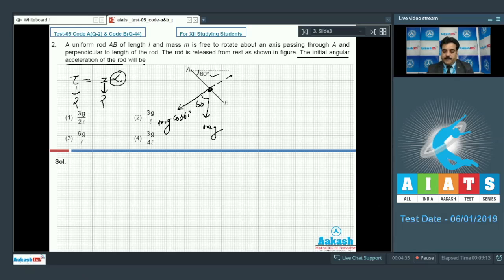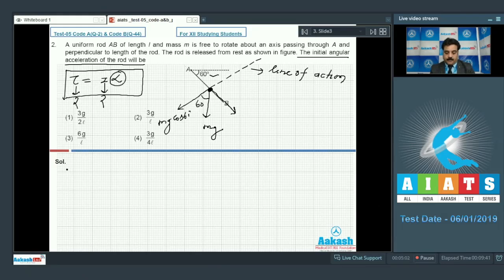If I draw a line along the direction of mg cos theta, this line is called the line of action, and this is the center of mass. Another component will be mg sin theta, but I am not interested in writing that because I need to calculate torque.